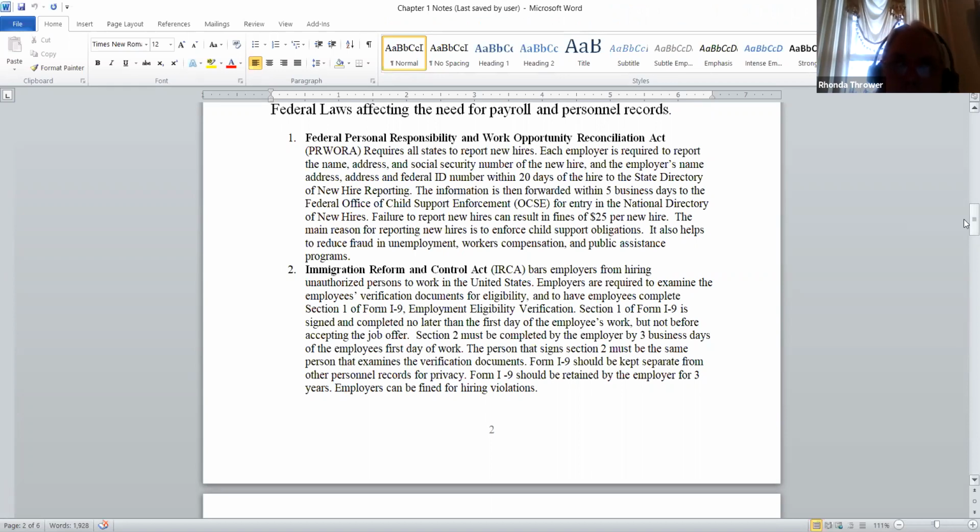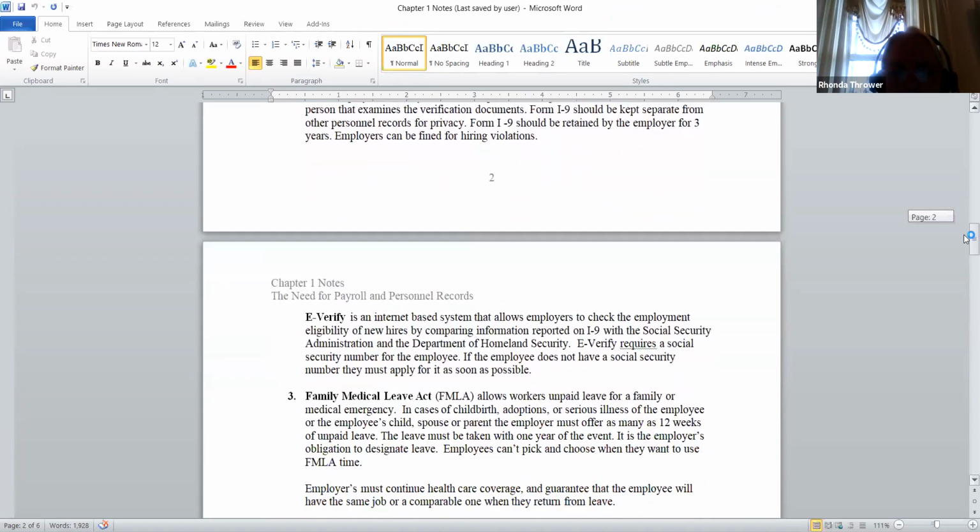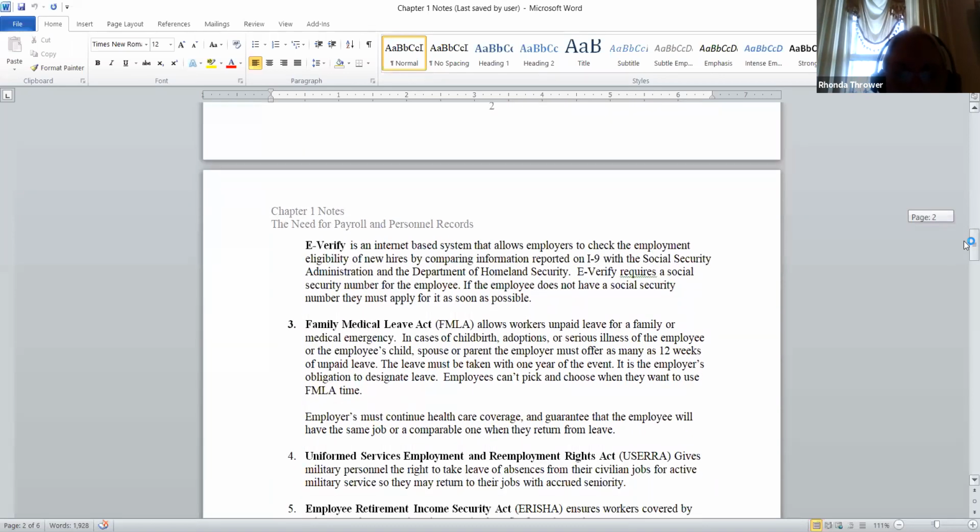The payroll can come underneath the personnel department. In the old days, when I first started working, which was a long time ago, we used to have separate payroll departments, and we reported to our finance officers. I actually used to work in payroll for a little while at one of the companies that I worked with.